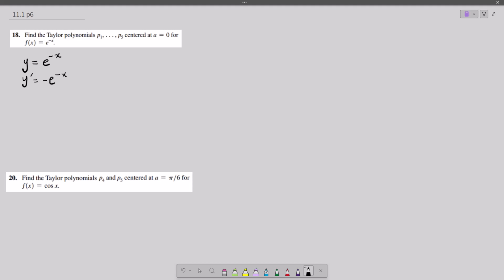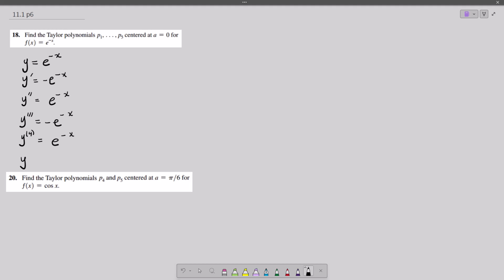Just like with the tangent line, P sub 1, we need the first derivative. P sub 2, last time on Thursday, we had to get the second derivative. So P sub 5 will be the 5th derivative. It's always going to match. So let's go ahead and take all these crazy derivatives. Not too bad for this function. We just do repeated multiplication by -1 because the derivative of the exponent is -1.